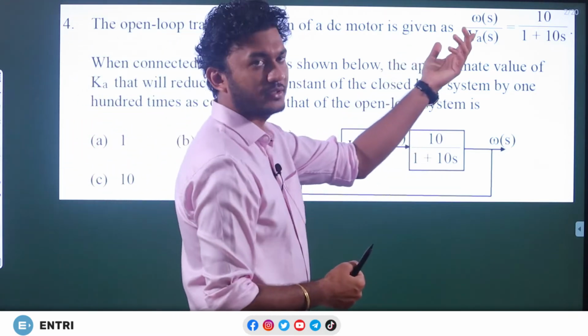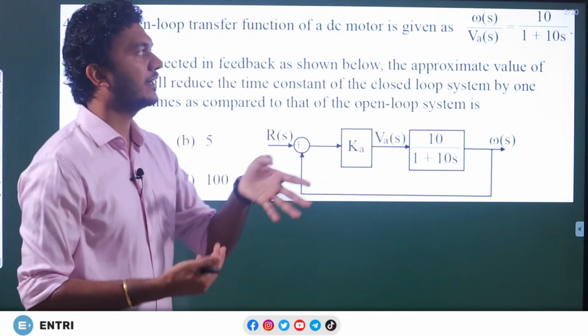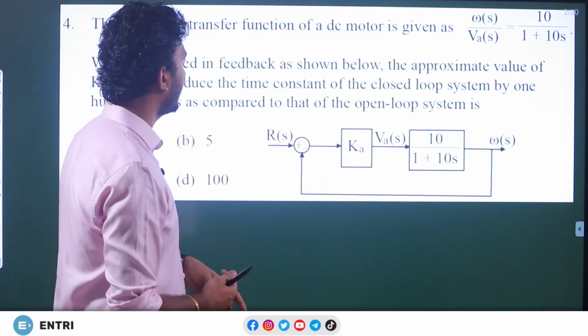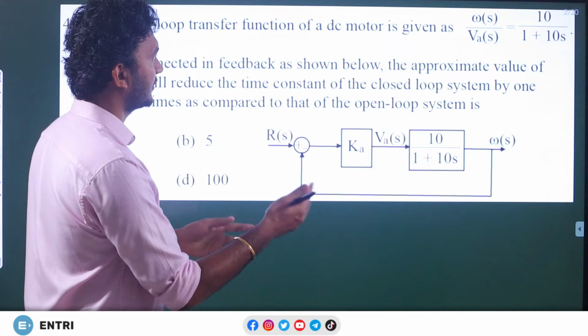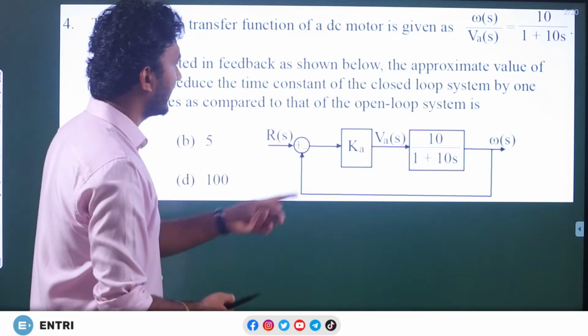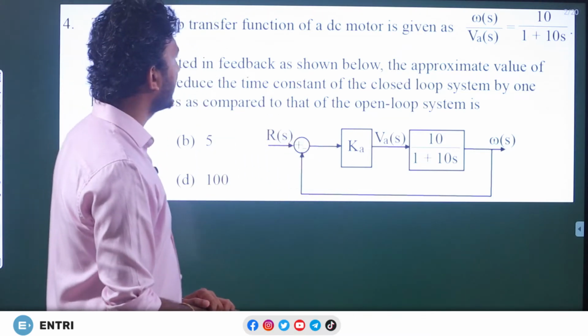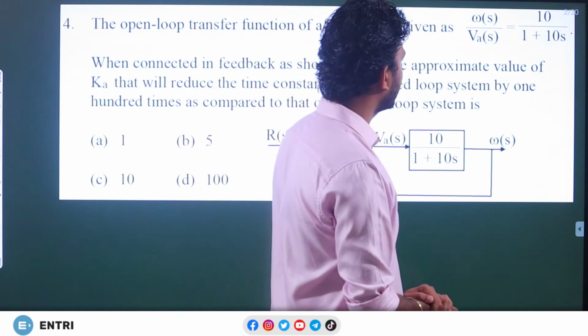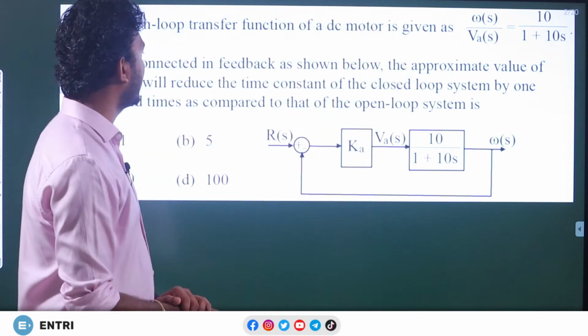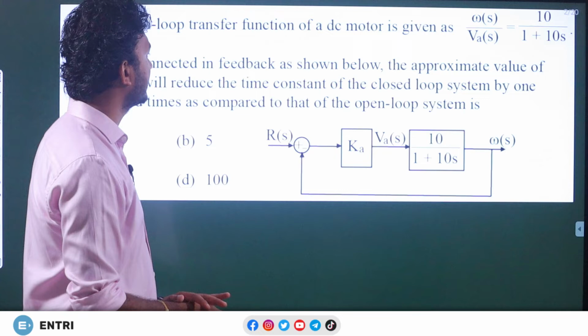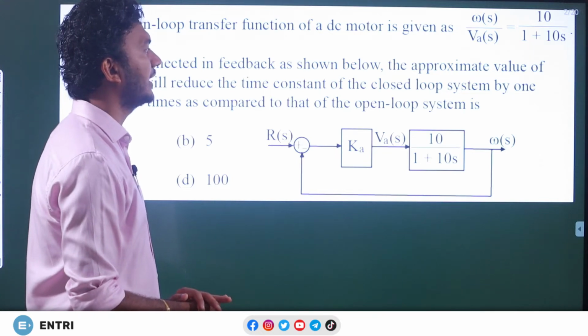You know omega is your speed of the DC motor and VA is the armature voltage. When connected in feedback as shown below, the approximate value of Ka that will reduce the time constant of the closed loop system by 100 times as compared to that of the open loop system.